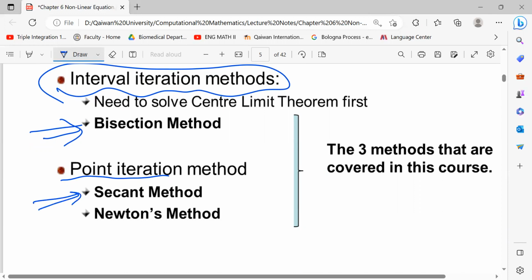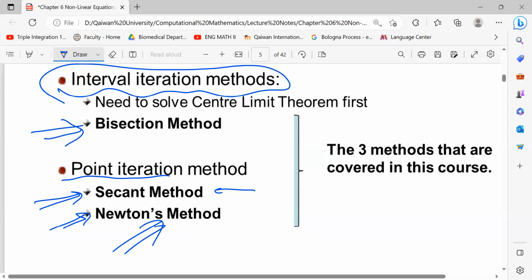We have these 2 methods, secant method and Newton's method. The secant method works on 2 successive points, but Newton's method works on only 1 point. It's iteration to find the next point, the next point, like that.